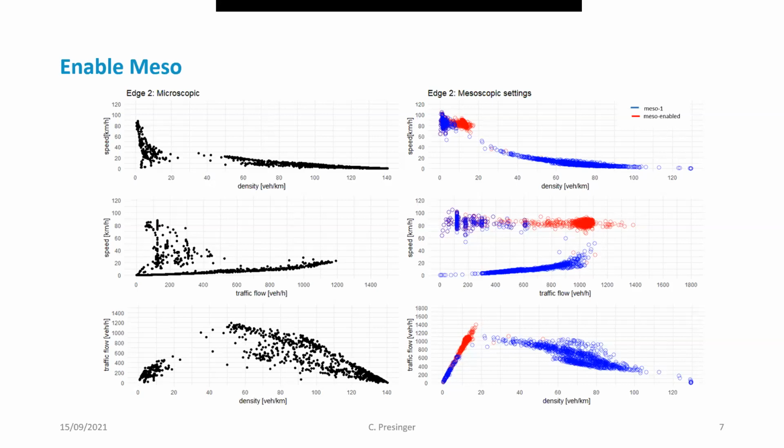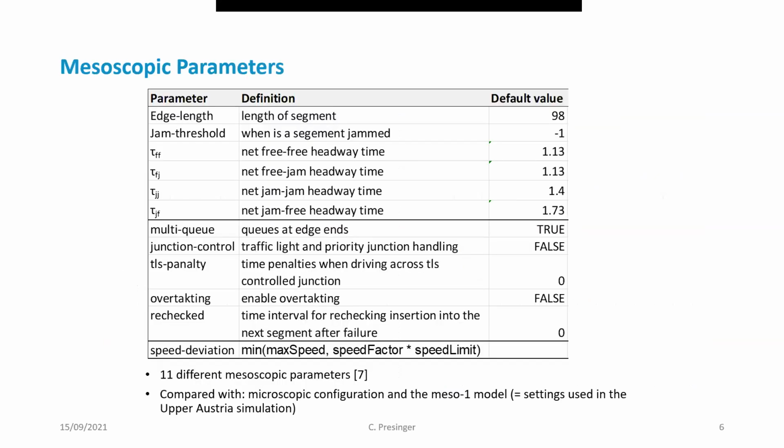All right, so as you can see, when you enable the mesoscopic simulation, the deviation of the fundamental diagram has changed significantly. And in addition, as I mentioned before, I tried out a lot of different settings for all of these parameters.